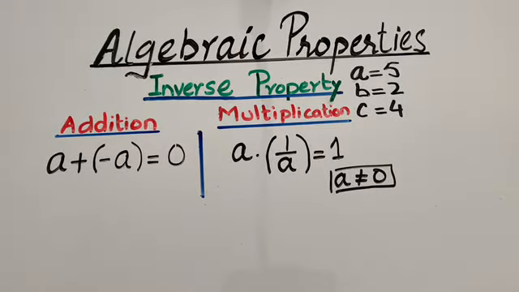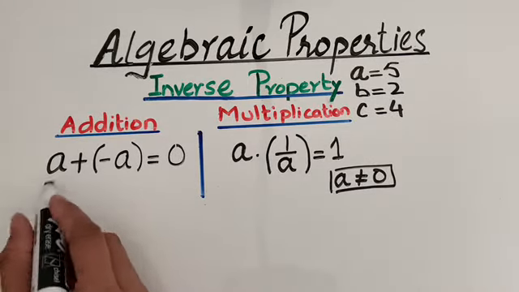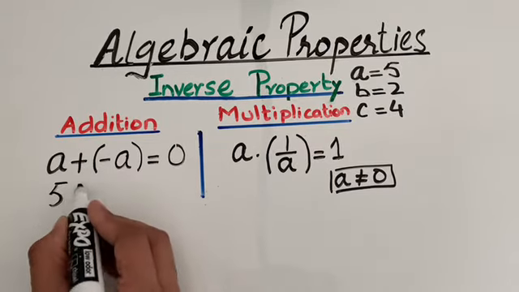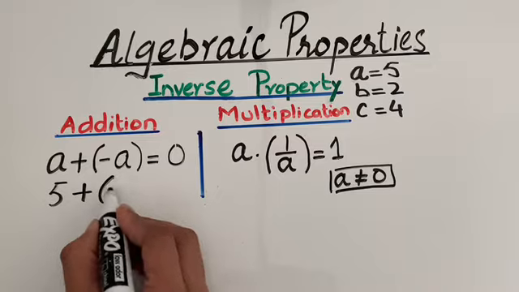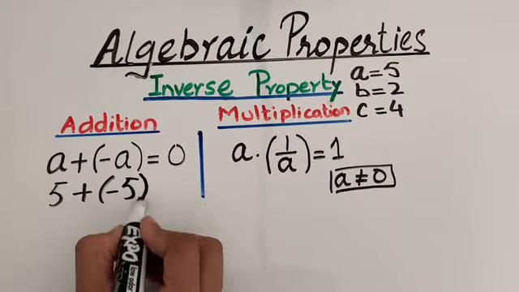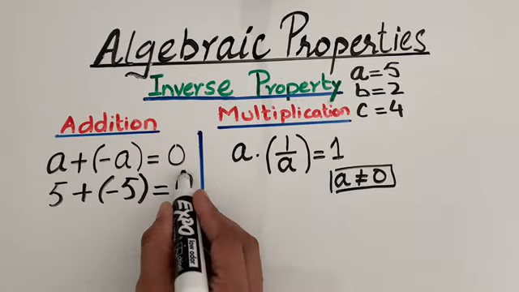Let's substitute the value of A and see how inverse property of addition works. So here A is 5 plus the inverse of 5, which is minus 5. So plus 5 and minus 5 is equal to 0.